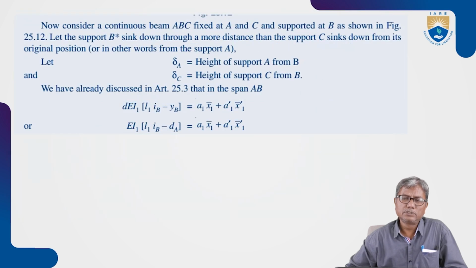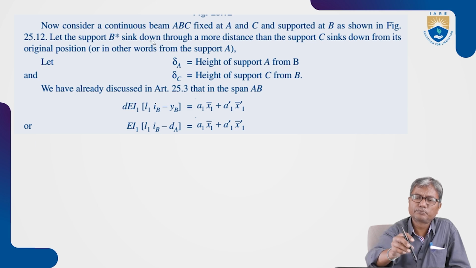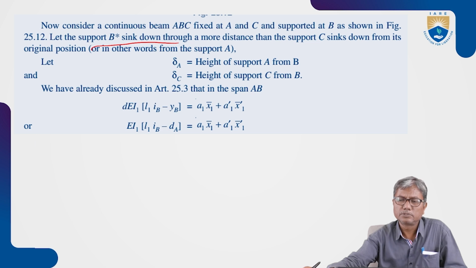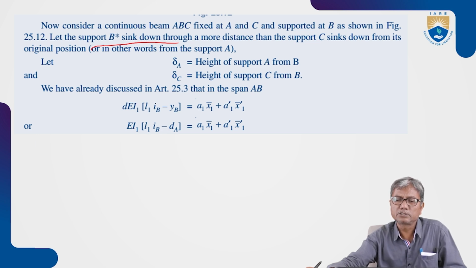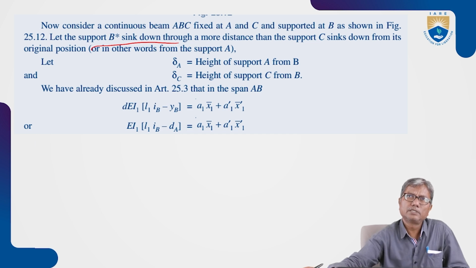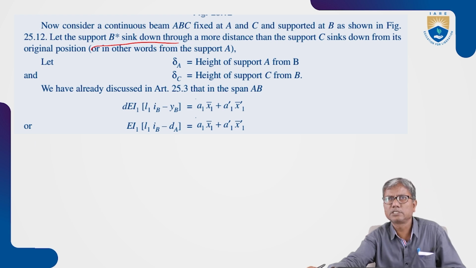Now, if support B sinks down, let us suppose support B sinks down by some amount with respect to A and C. Here, the relative sinking is important because all the supports may sink, but B may sink more than the supports A and C. Here the relative sinking we consider.